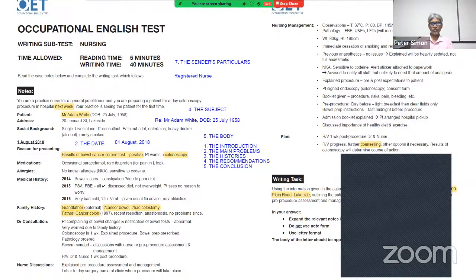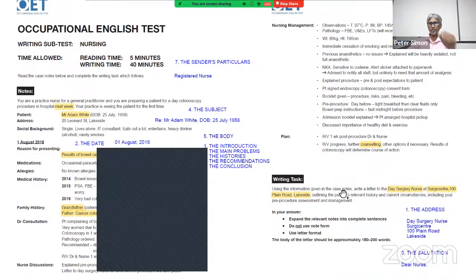Number one, the name of the patient must be there. Information given in the case: write a letter to. Nothing is given regarding a referral letter, discharge letter or transfer letter. This is not a discharge letter.